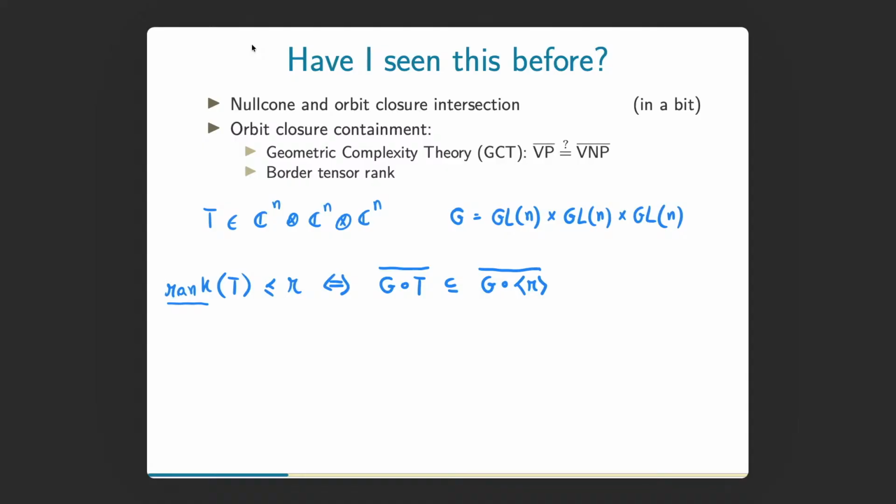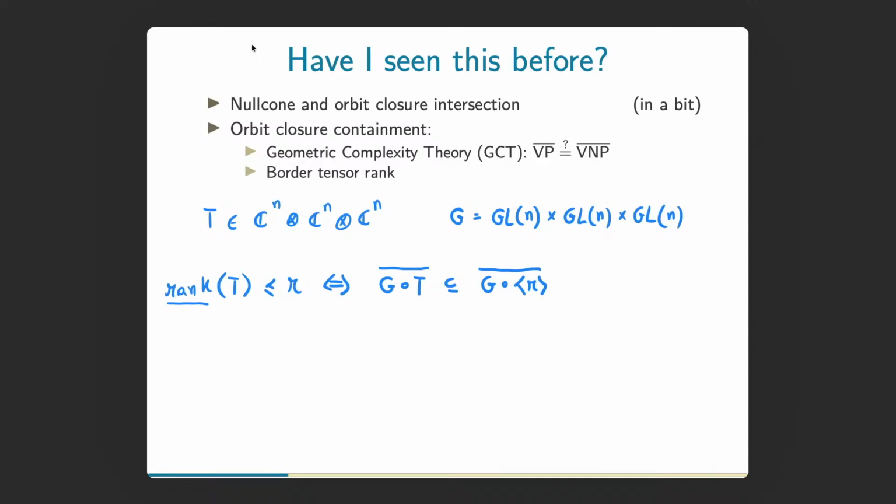And you might say, wait a second, all I wanted was that T is inside of the orbit closure. But if T is inside of the orbit closure, its whole orbit is inside as well, right? That's the main reason for the orbit closure. Does that make sense? So this is orbit closure containment, not intersection.